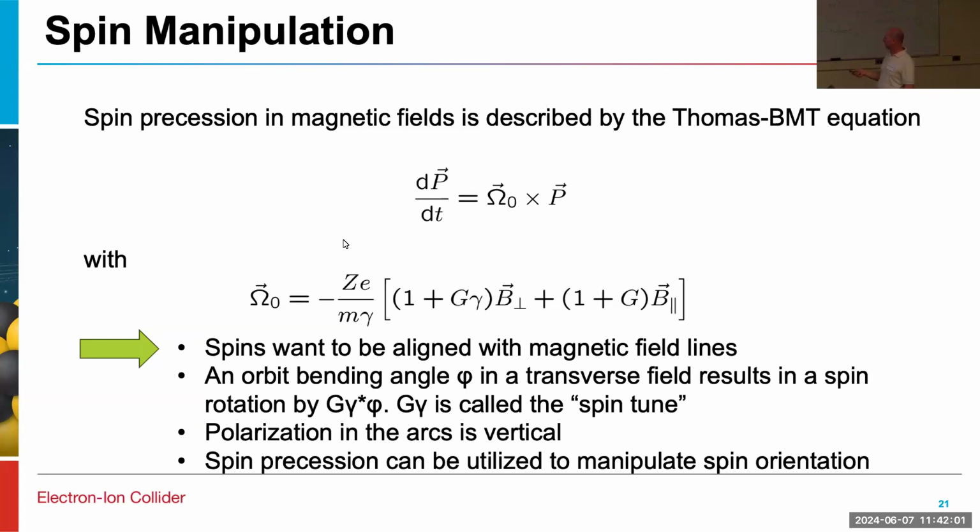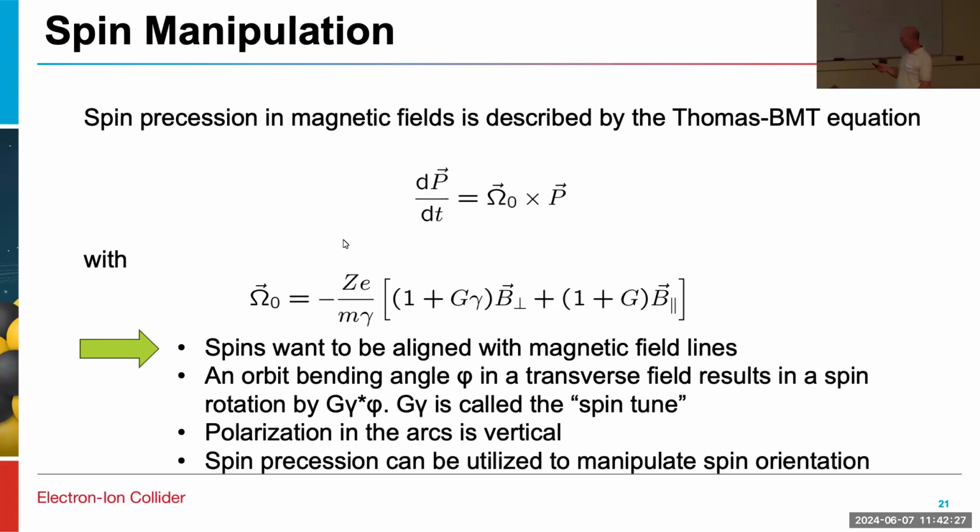And here omega has components that are governed by transverse magnetic fields and longitudinal magnetic fields. Of course, the spins want to be aligned with the magnetic field lines. That's why they are up or down in the dipoles in the arcs of the ring.